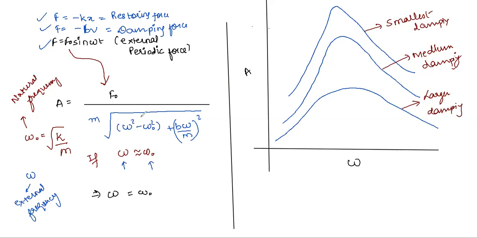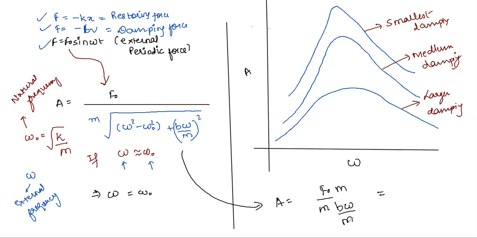In such a scenario, just substitute it over here in the equation. What do you get? Tell me. So you have f naught by m, and this term will get cancelled because they're equal to each other. Tell me what the equation becomes. F naught by m whole by b omega by m, and then also here you'll have m.